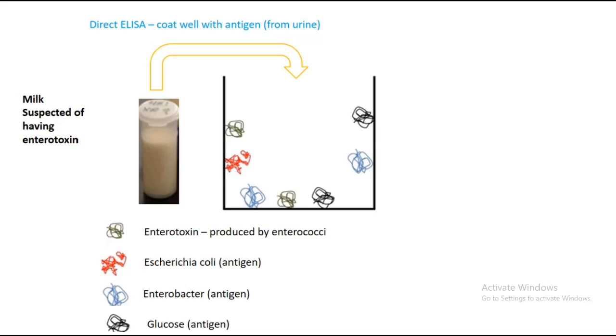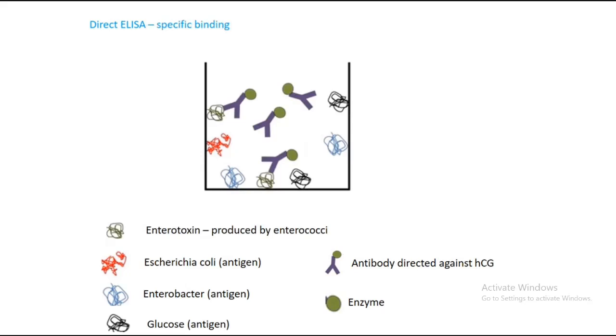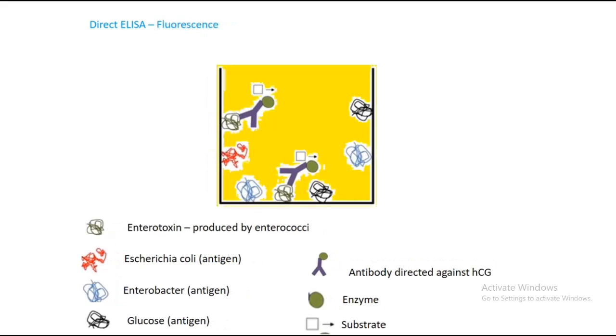So the protein components present in the milk sample attach to the well and become immobilized. The next thing that happens is you add your detection antibody, which is colored in purple, and the detection antibody binds to the target, and subsequently you do a wash to remove the excess, and you add the substrate and you get a color change.